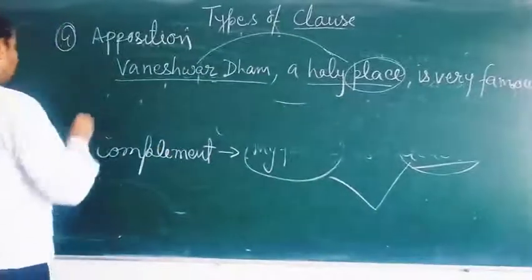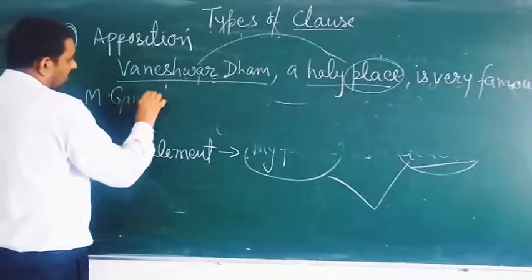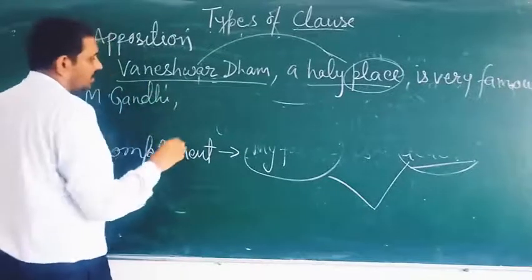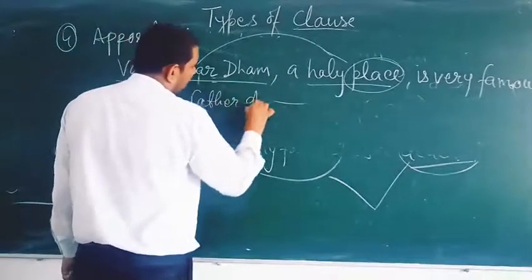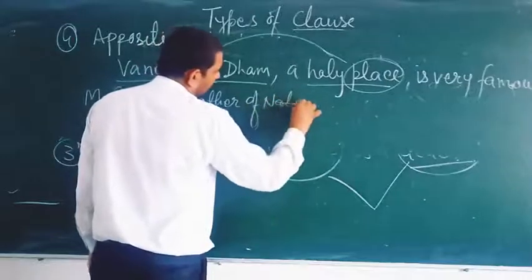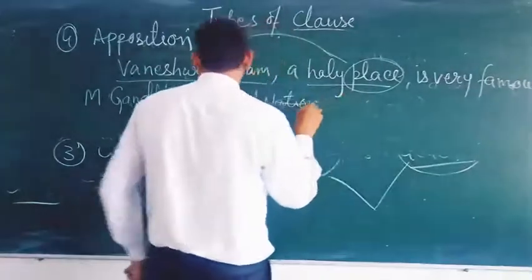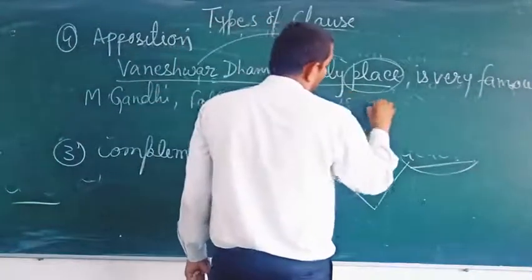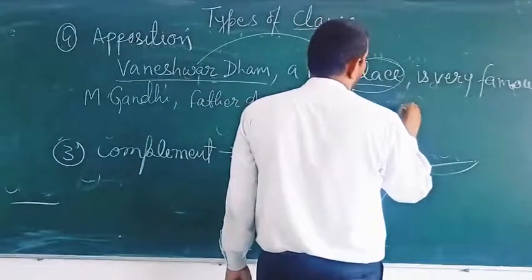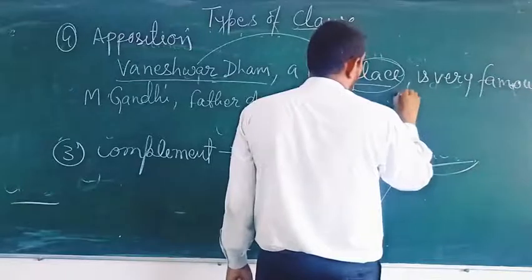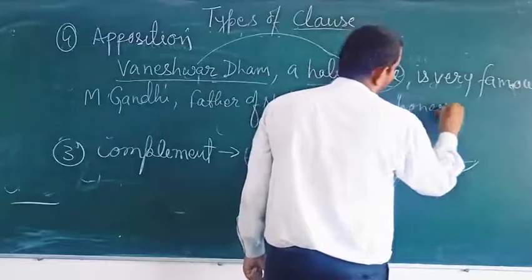Another example of this is: Mahatma Gandhi, father of the nation, is an honest person.